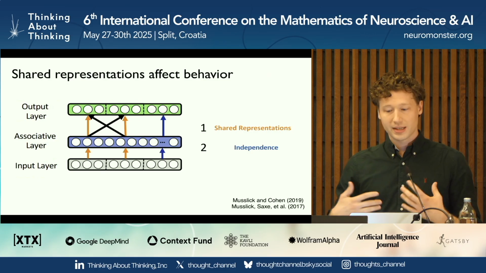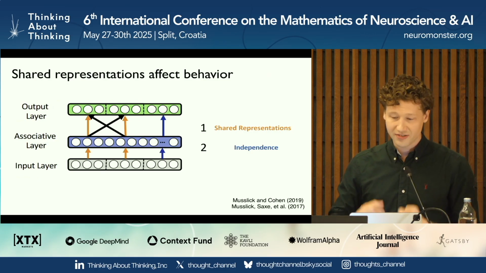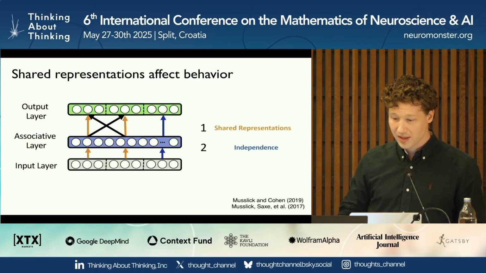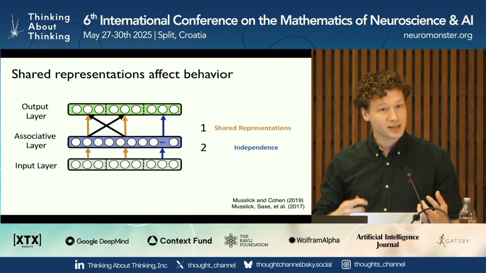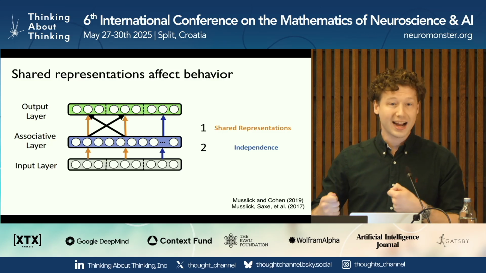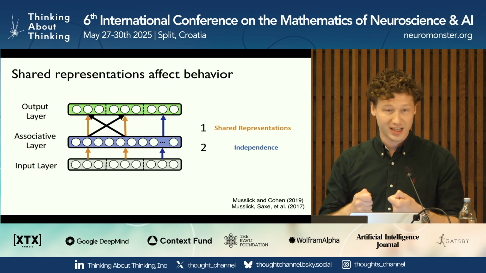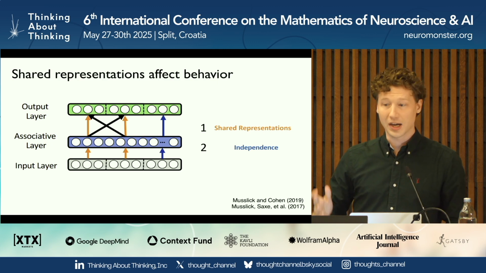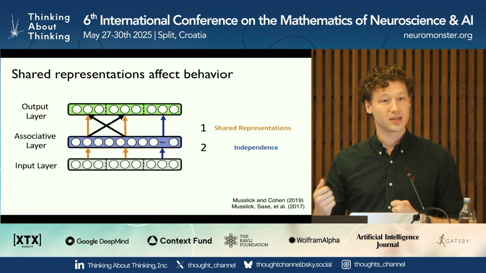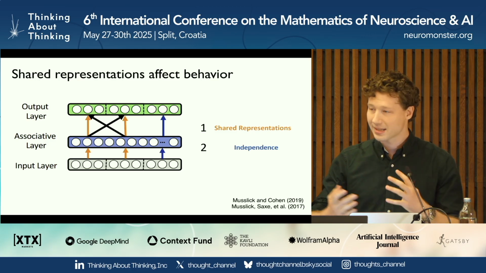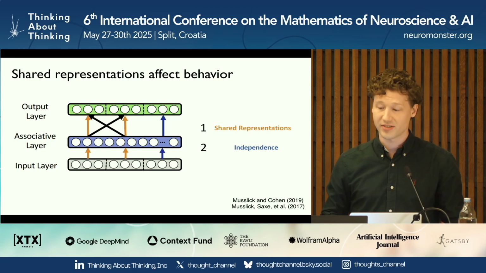The classic explanation for this is that the semantically related tasks have shared representations which potentially interact or interfere with each other, whereas the semantically unrelated one has this independence that allows you to process the two tasks side by side without any interference.